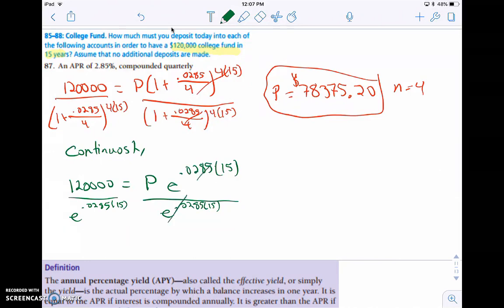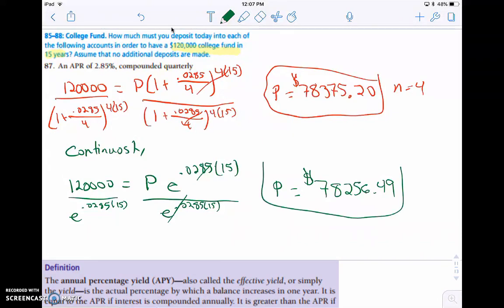To cancel those out, so that when I type in 120,000 divided by e to the 0.0285 times 15 power, I'm going to get that the principal here is about $78,256.49.